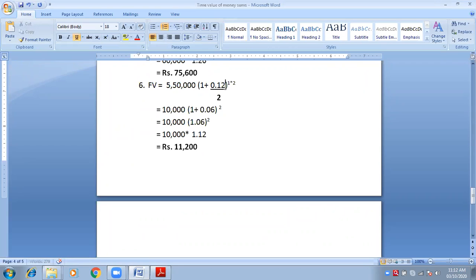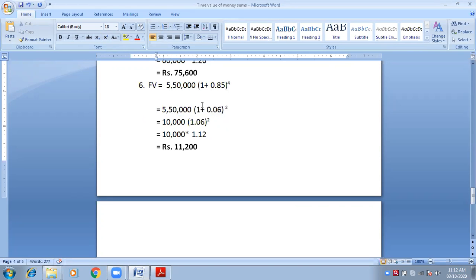What is the rate of interest? 8.5%. 8.5% means 0.085. For how many years you are investing? 4.